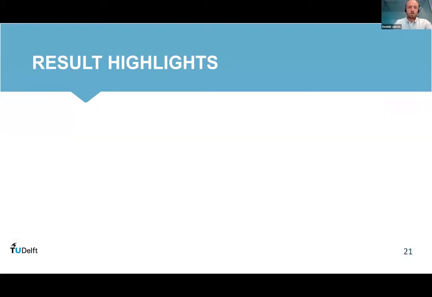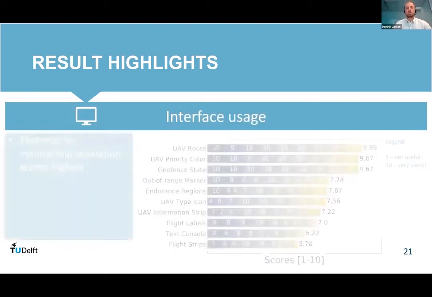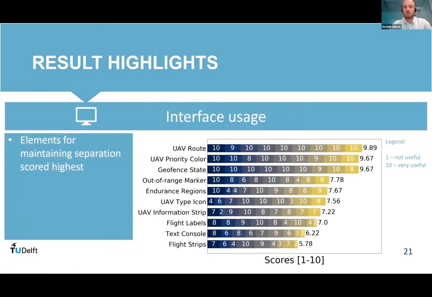Now, going into the last point that we wanted to find out, the interface usage. These were the results from the post hoc questionnaires that we gave the participants in terms of the utility of the elements that they were provided with. We found that elements regarding maintaining separation, so basically achieving the high-level goal of safety, scored highest.